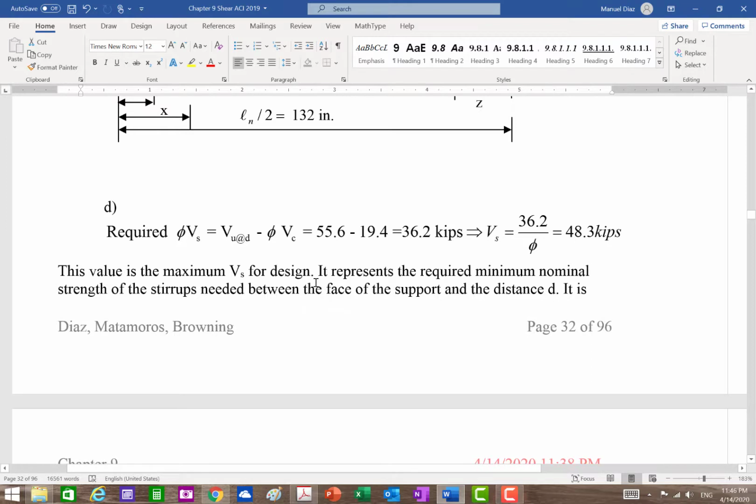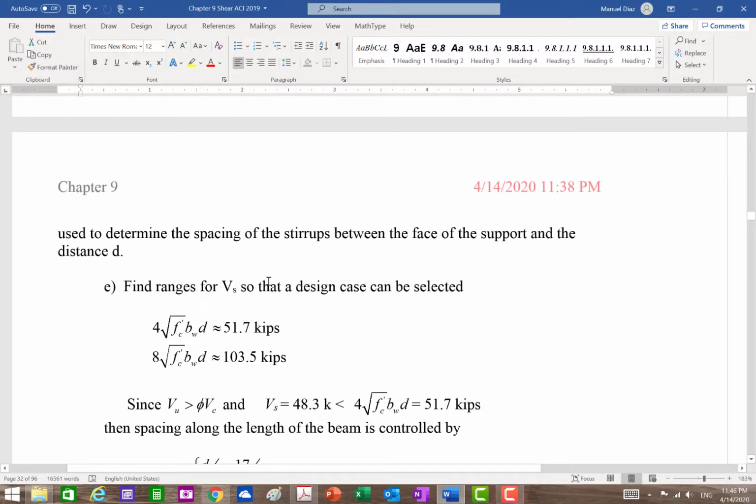Yeah? All right. So next I'm going to find the stirrups that I need, or the spacing of stirrups that I need to carry this shear. Okay, this is the shear I'm designing for. Okay? So for that value of shear, I'm going to find my two limits, right? And they're here.